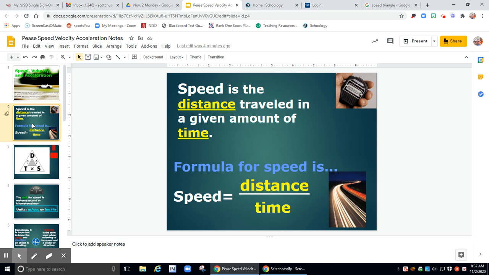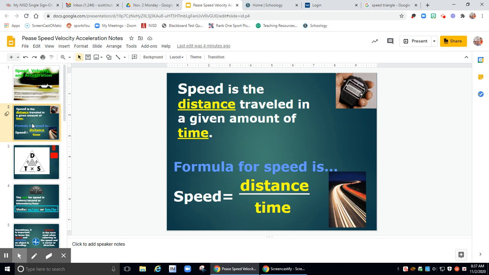Now, of course, in 2020, we have all this technology that does all that stuff for you. But it's still important to understand that speed is how far you can go in a certain amount of time. So if you're traveling at 50 miles per hour and you travel for 2 hours, then you can go 100 miles in 2 hours.